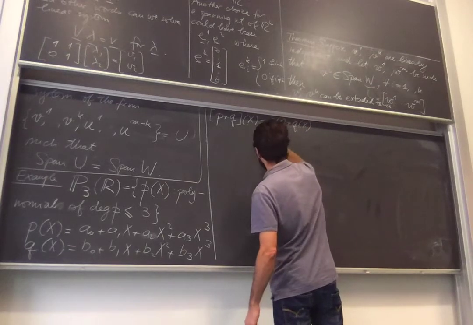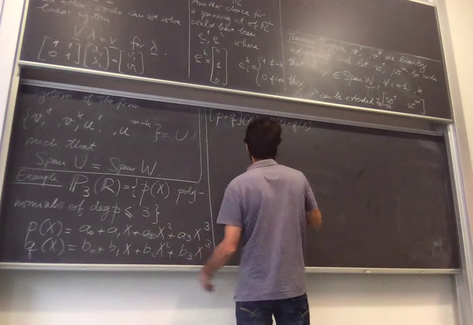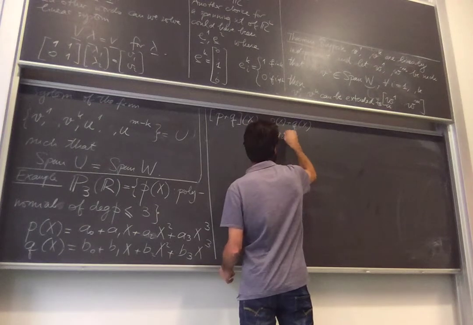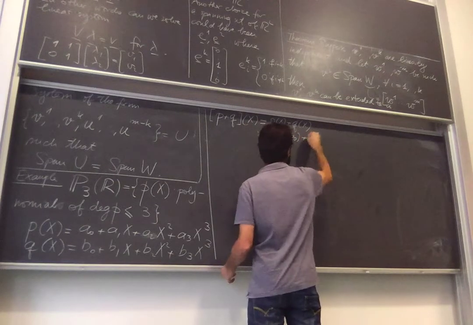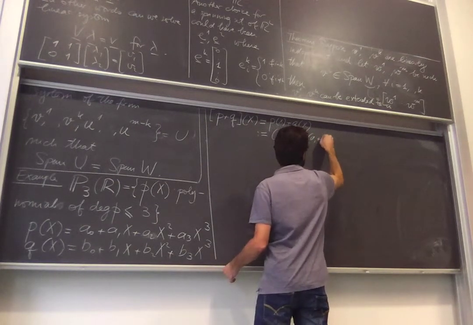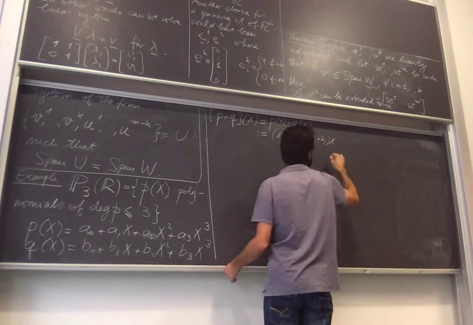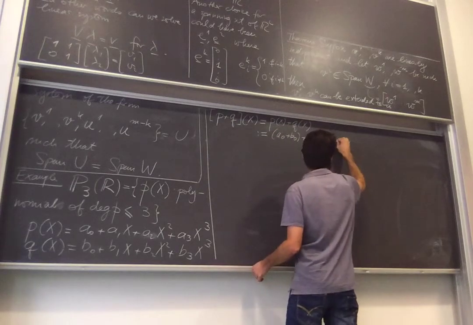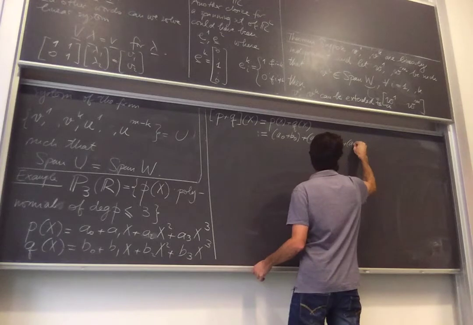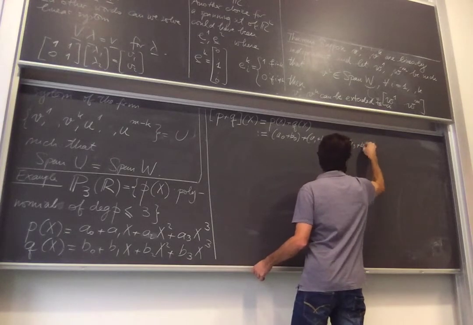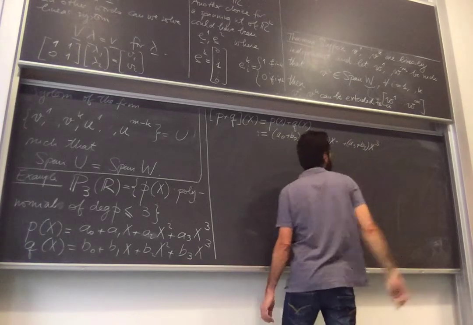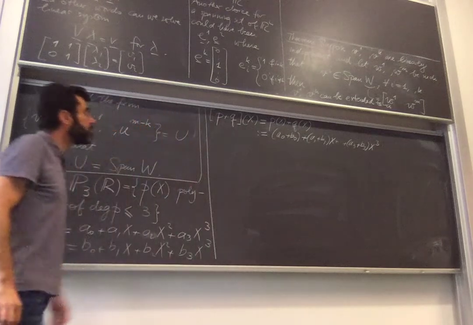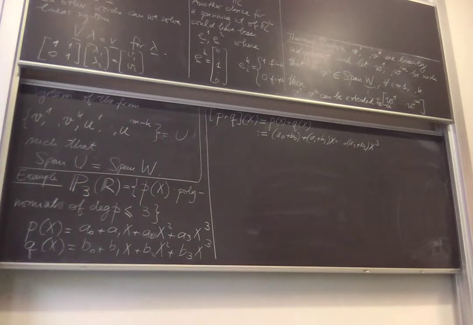By definition, it's basically a0 plus b0, plus (a1 plus b1)x, etc. Right? That's the sum. Can you scale a polynomial with a real coefficient?